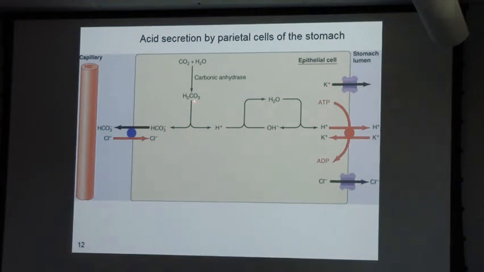The other product of the dissociation of carbonic acid is bicarbonate, and bicarbonate is exchanged out the basolateral surface with chloride. So bicarbonate is pumped into the bloodstream when the parietal cells are pumping acid into the stomach. That's the mechanism of acid secretion.